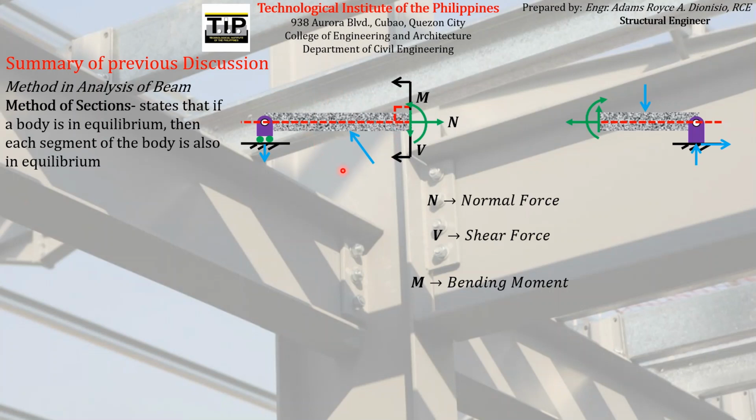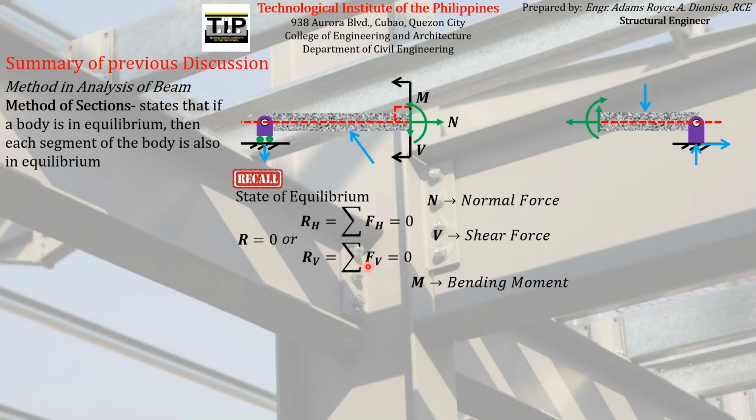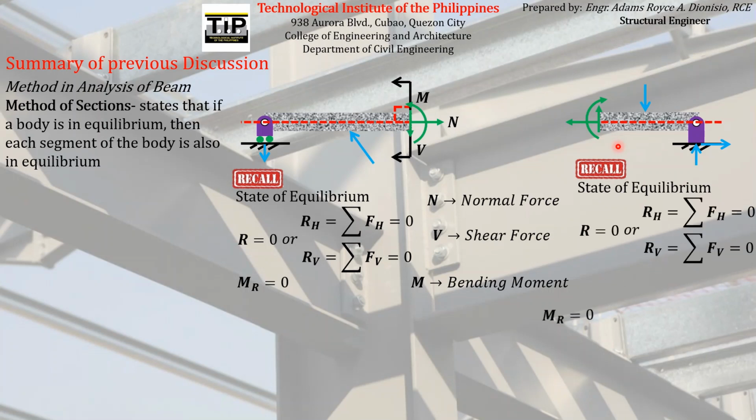Meaning, if we sum the forces along the horizontal direction, along the vertical direction, as well as the moment at any point on this left segment, they must all be equal to 0. The same applies to the other segment. If we sum the forces along the horizontal, vertical, and moment on this right segment, the summation must be 0 as well.